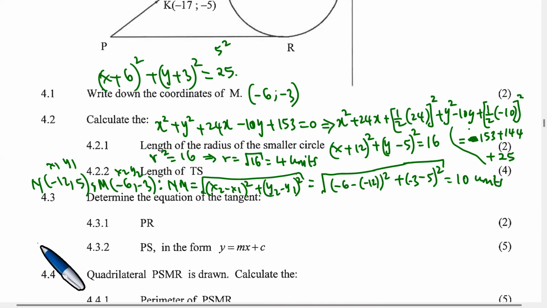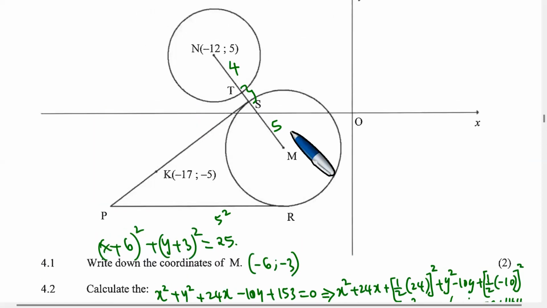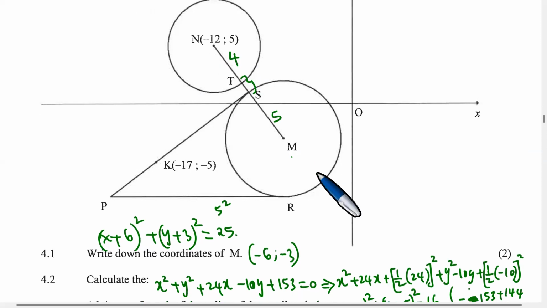So you have the line like this. The length of NM is 10 units, so it means that it is 5 plus 1 plus 4.